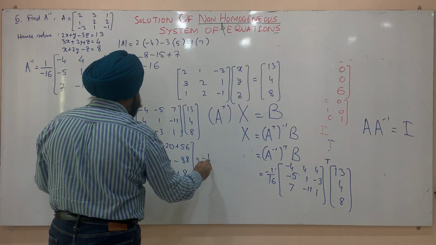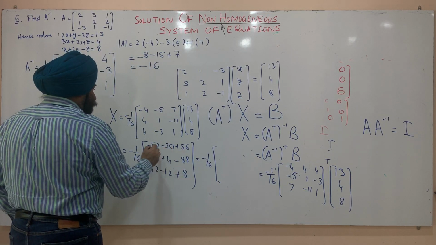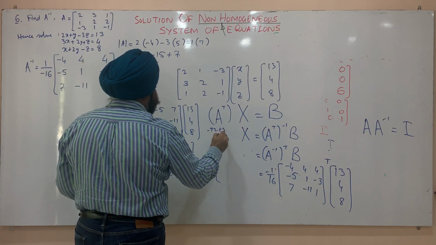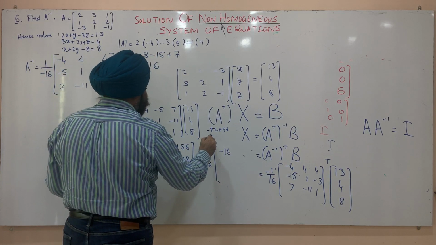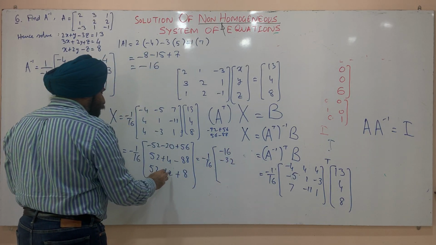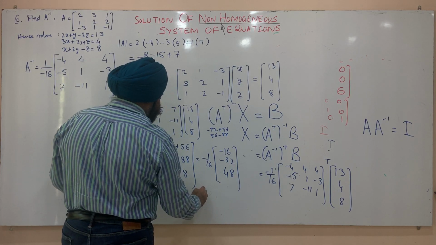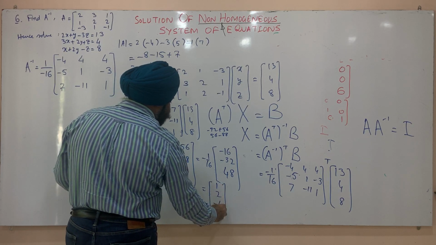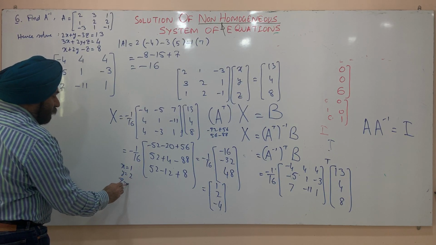This is minus 1 by 16 times minus 72 and plus 56, minus 16, 56 minus 88 is minus 32, and this is 48. So divided by minus 16, it's 1 here, 2 here, and minus 4 here. So we have x equals 1, y is 2, z is minus 4.